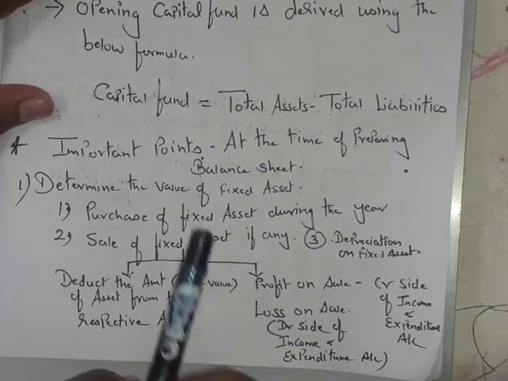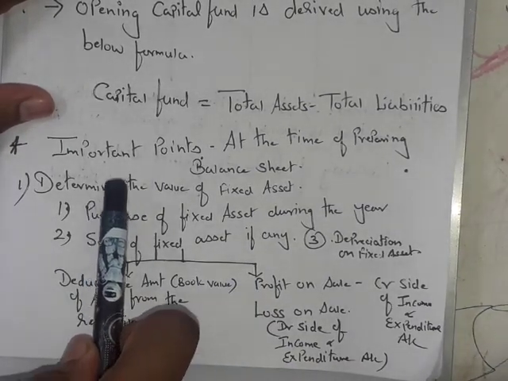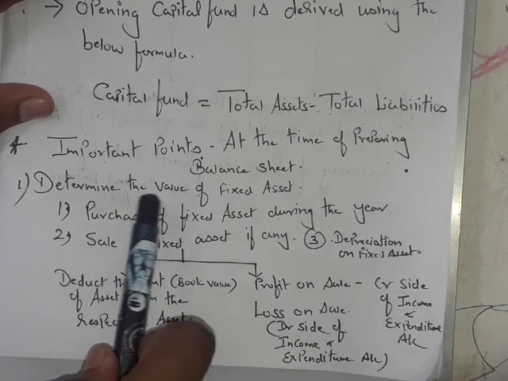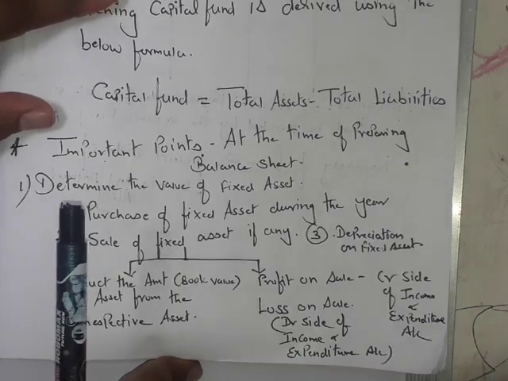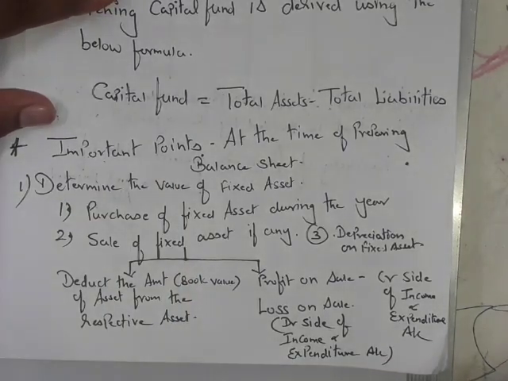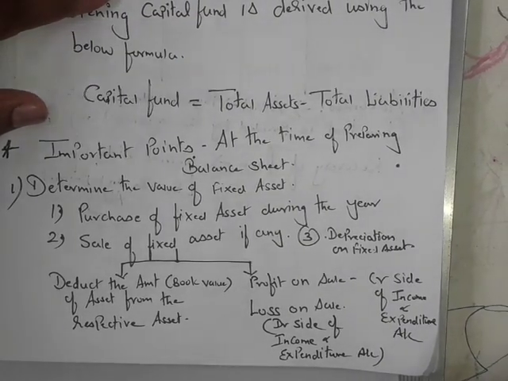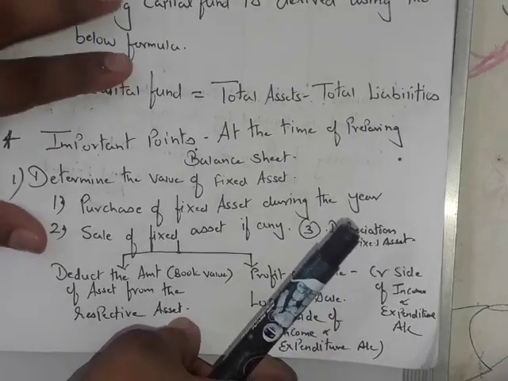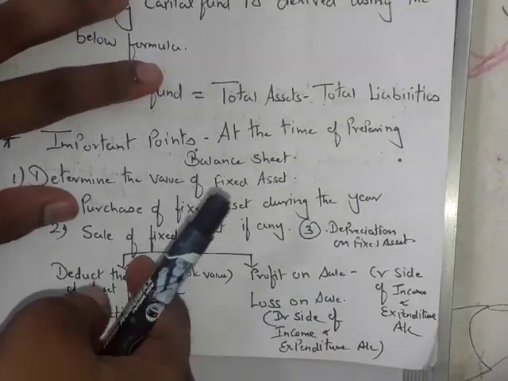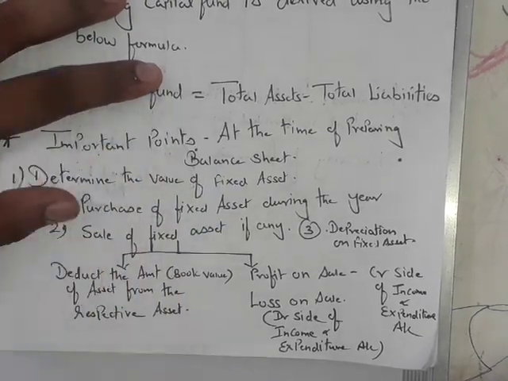The first important step is to evaluate the value of your fixed assets, because on your asset side you will document all the assets: current assets, fixed assets and miscellaneous items, and on your liability side you will document your current liabilities and non-current liabilities and your capital, which is termed as capital fund.